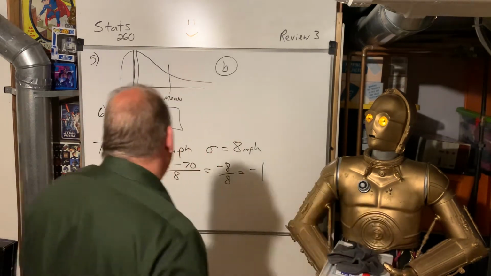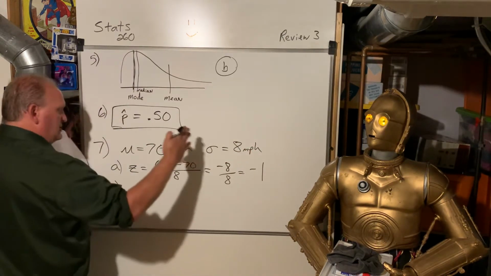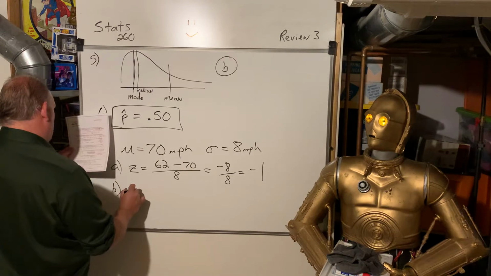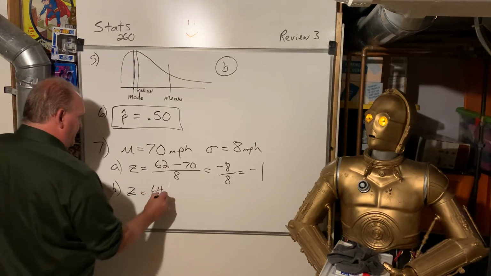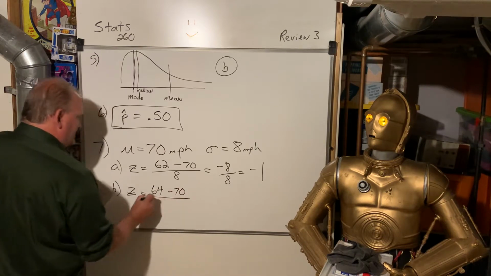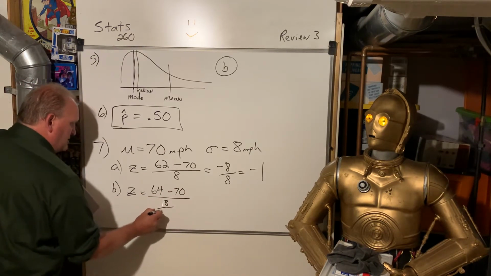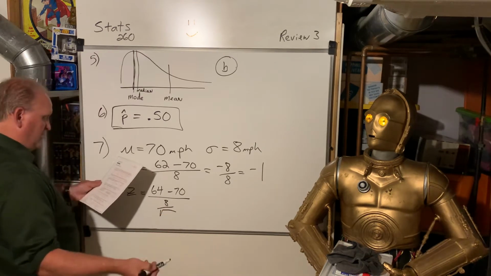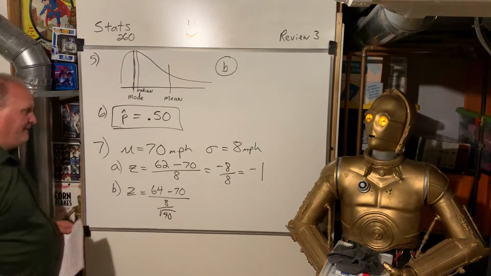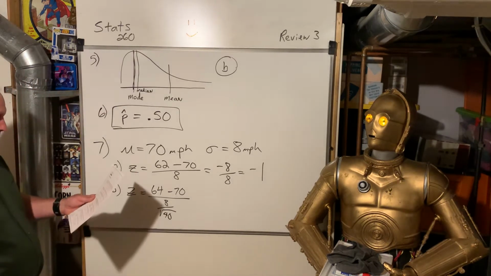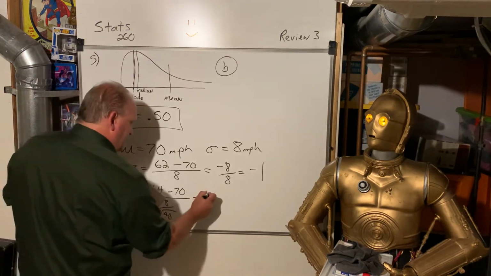Well, now think about it. That's out of 40, not out of the entire population. So you're in a much smaller sample. It's 64 minus 70, but it isn't divided by 8 anymore. It's divided by 8 divided by the square root of the sample size, which in this case is 40. So with that given, the numerator is negative 6.